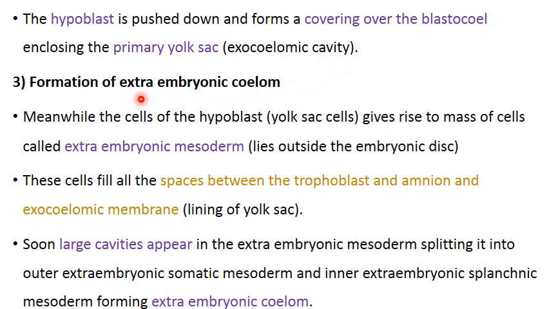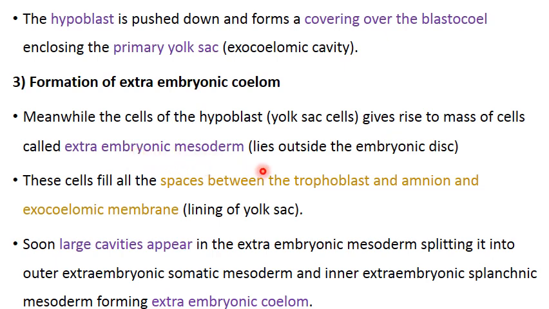Third step, formation of the extraembryonic coelom. Cells of the hypoblast, that is the yolk sac cells, because it's going to form the primary yolk sac, will divide and give rise to a mass of cells, and that's going to fill up the space between the trophoblast and the lining of the yolk sac, and that is called the extraembryonic mesoderm.